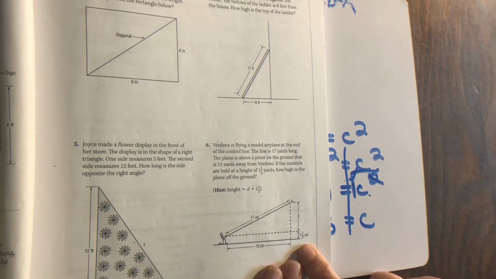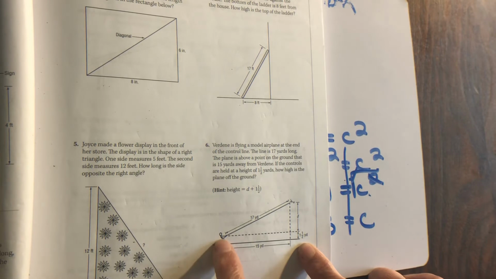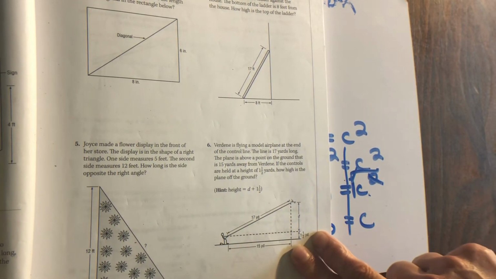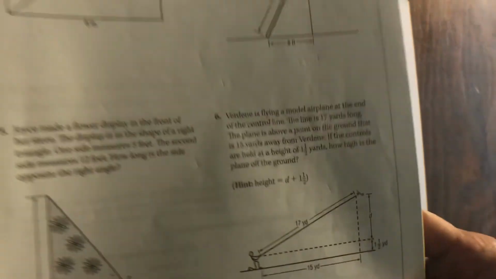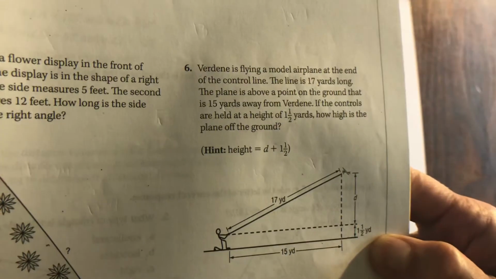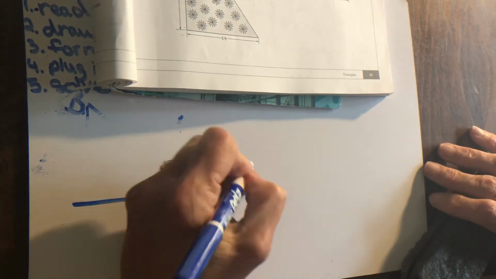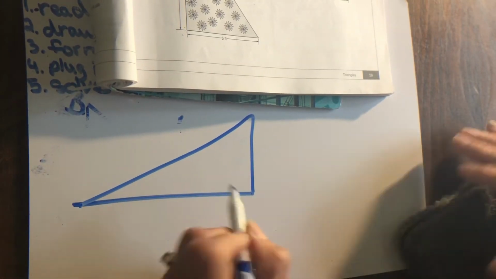Ugh, terrible looking, right? So here's your little person, here's your right triangle, but then you have this added 1.5 yards there, which makes it a really weird looking problem. So let's go ahead and draw our picture. I'm just going to draw my right triangle.